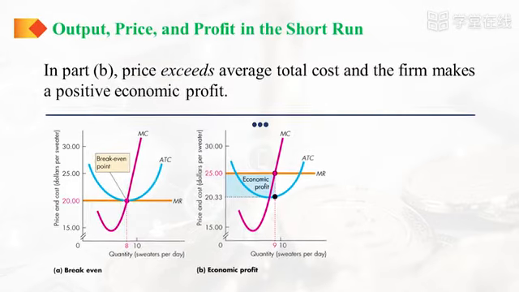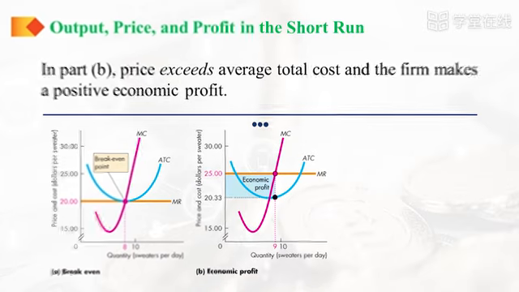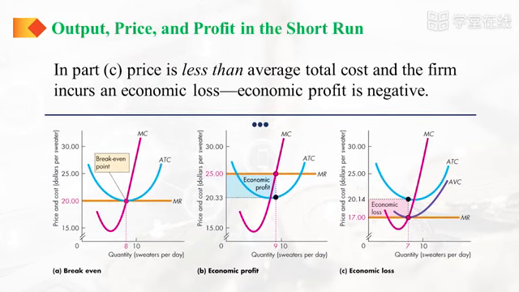In part B, the price is higher than the average total cost, which means that the firms make a positive economic profit, and the area of the blue rectangle is the profit. Third, in part C, the price is lower than the average total cost, so the firm incurs an economic loss.